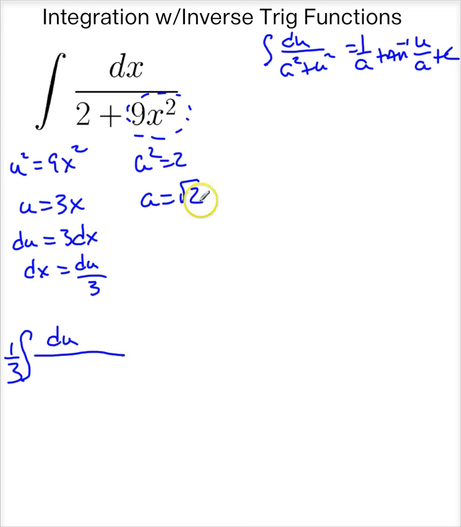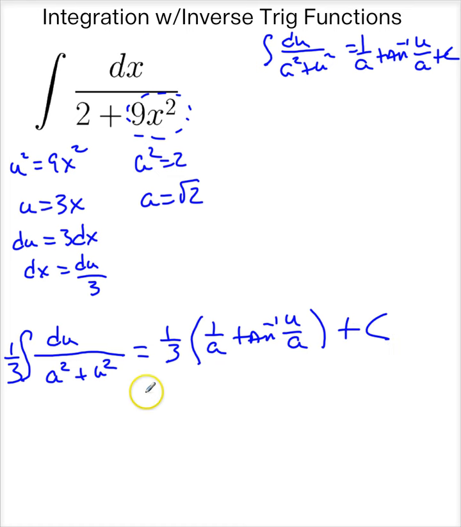Divided by, okay, this is a squared plus u squared. And so my solution is 1/3 times, now this is 1 over a times the inverse tangent of u over a plus c. Now I'm going to plug back in my variables. This is 1/3.